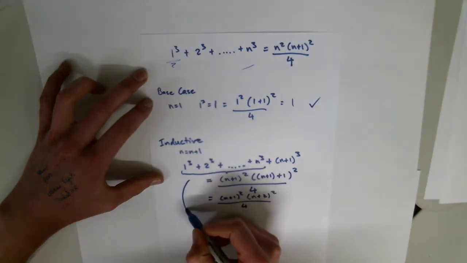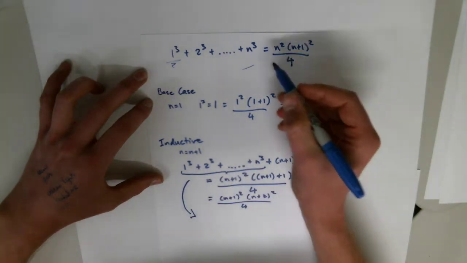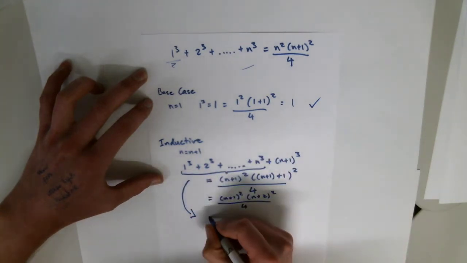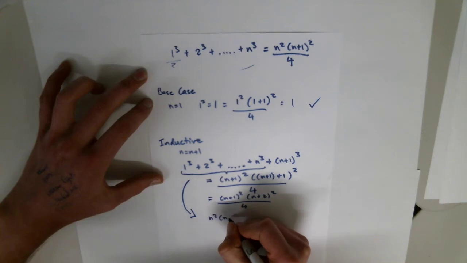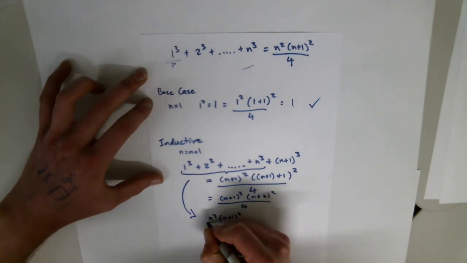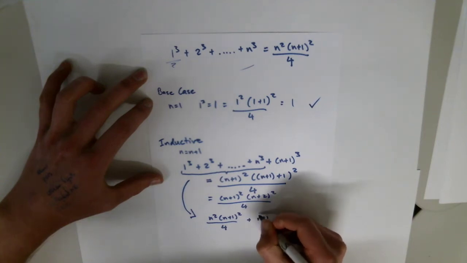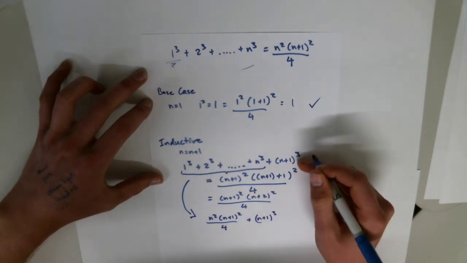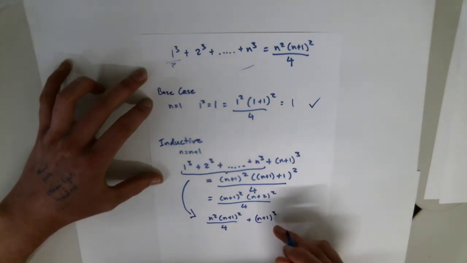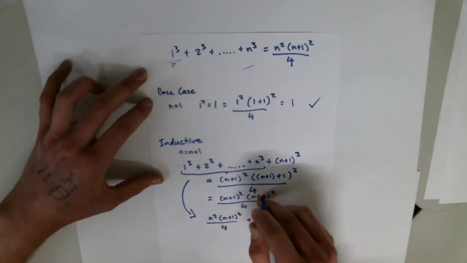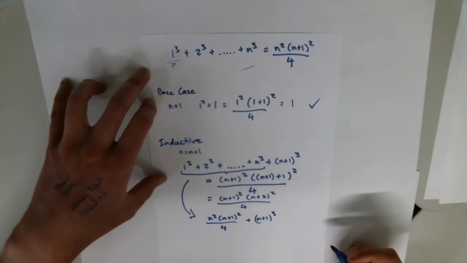Taking this down here, I can rewrite this expression, just this top line, as n squared times (n plus 1) squared over 4 plus (n plus 1) cubed, which is just from this term here. Now I want to massage this around so I can show that this is equal to that. If I can show that is true, that will be my inductive proof done.